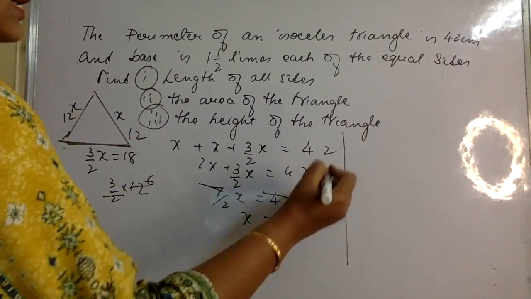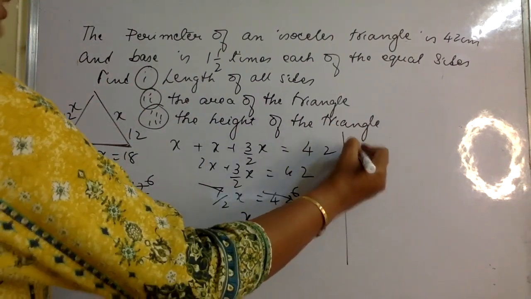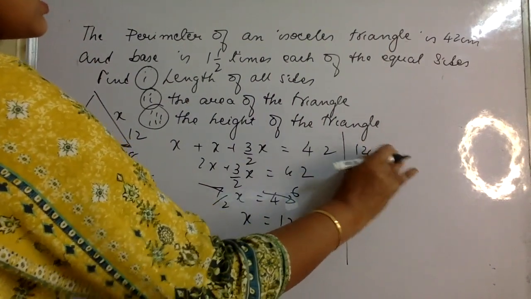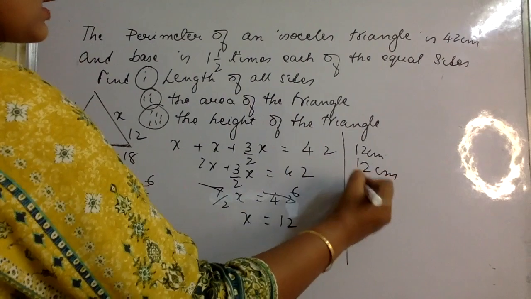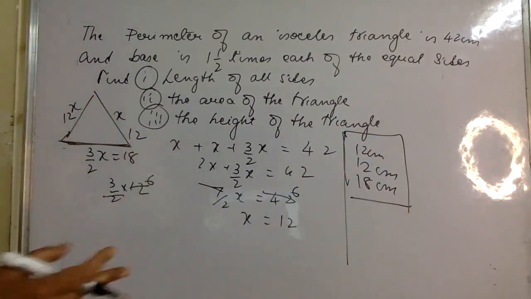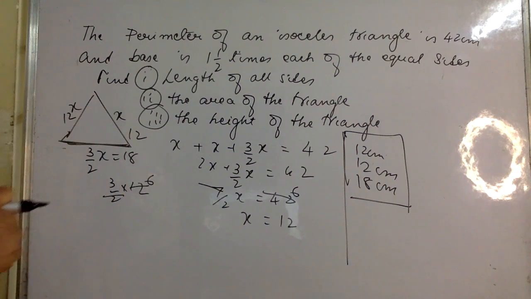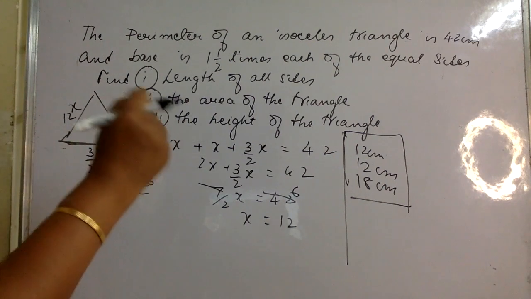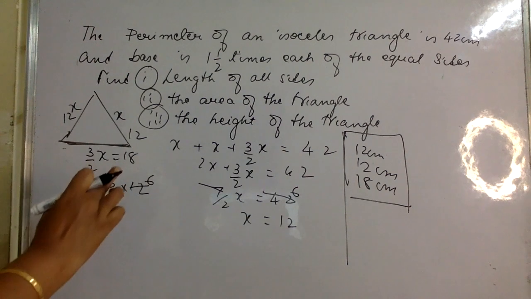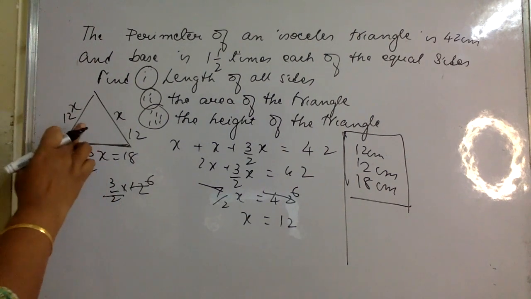Okay, the three sides are how much? Two sides are 12 centimeters, 12 centimeter and then 12 centimeter again, and then 18 centimeter. So I have all the three sides ready. Okay, then find the area of the triangle. How do I find the area of this triangle?